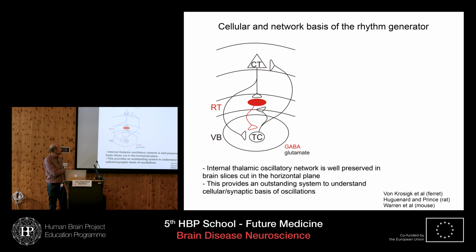So we have excitation from the thalamocortical cells to the reticular cells, and then feedback inhibition from the reticular cells back to the thalamocortical cells. In rodents, in the somatosensory cortex, we can obtain this with a horizontal section through the brain. And in the ferret, it's a parasagittal section. So you just need to, as Alon said, section the brain in the right direction, and then you can retain this connectivity.